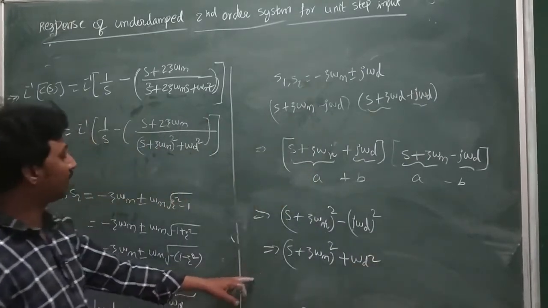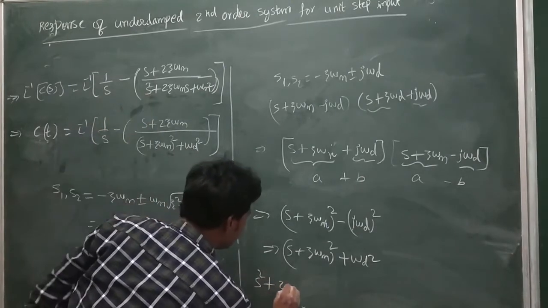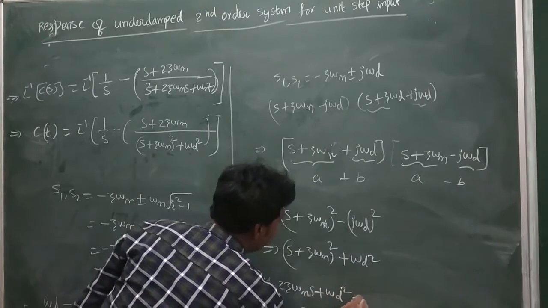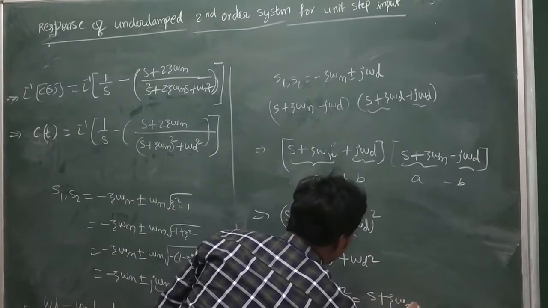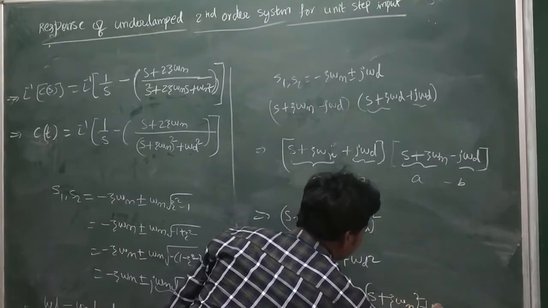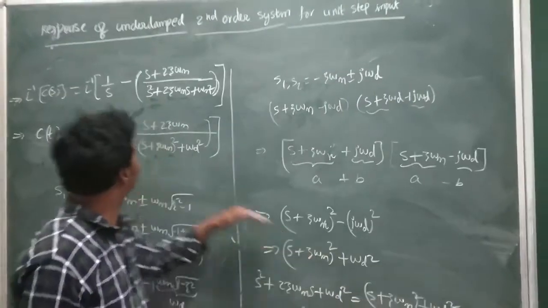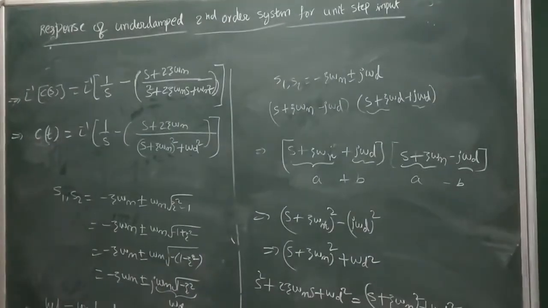Therefore we can write s square plus 2 zeta omega n s plus omega n square as (s plus zeta omega n) square plus omega d square. So this can be written like this, right? Then it will be easy to solve.